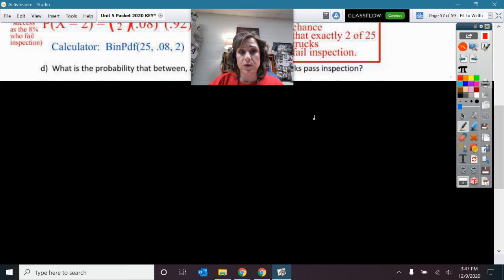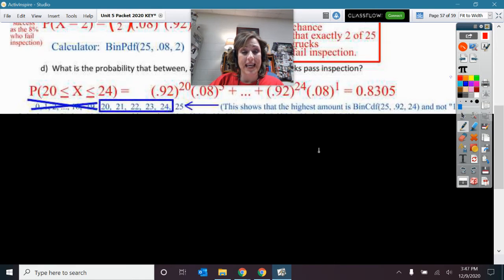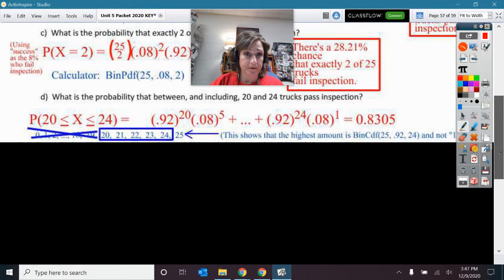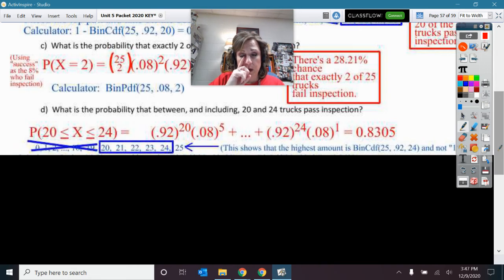I could also do some fancy accumulation. So, again, PDF of 20 plus PDF of 21 plus PDF of 22 plus PDF of 23 plus PDF of 24.